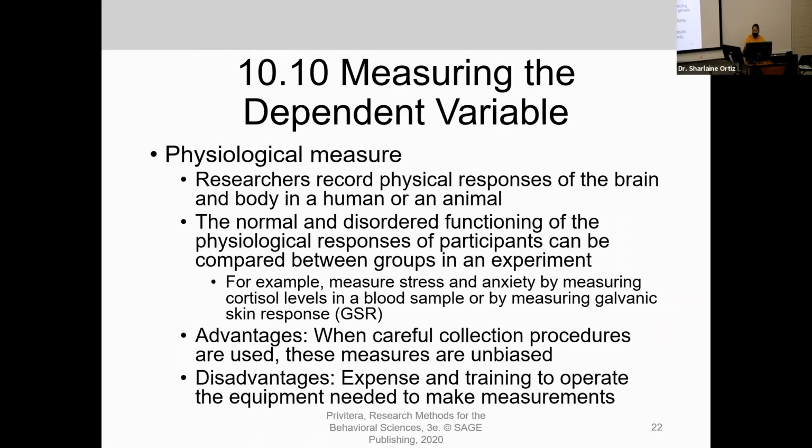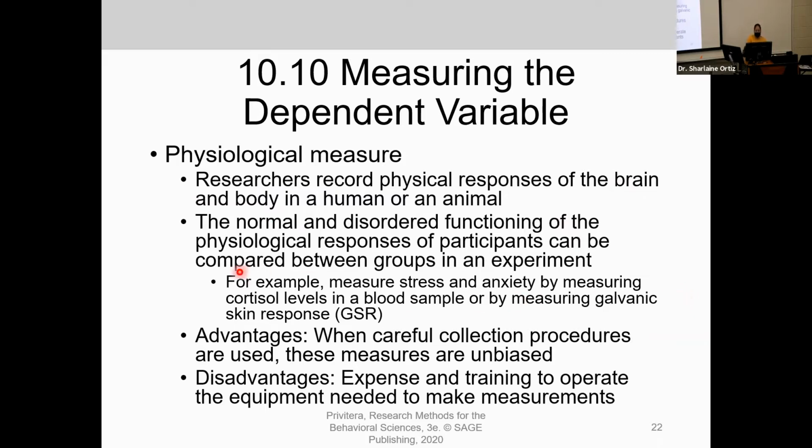And one of the last things that I like to cover about the measurement of a dependent variable in our between subjects design is physiological measures. This is where we are trying to record those physical responses of your brain and body, whether it be a human or an animal subject.